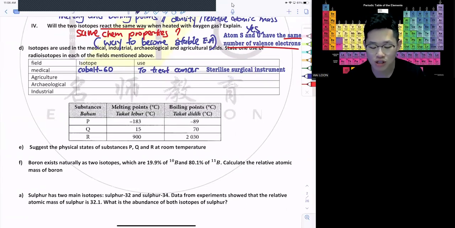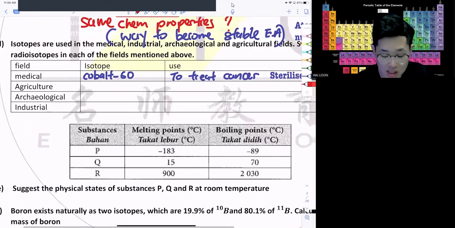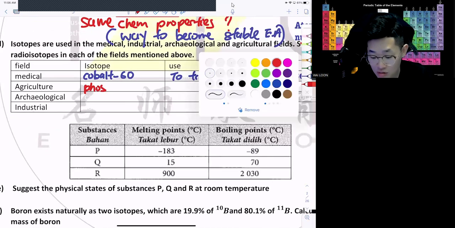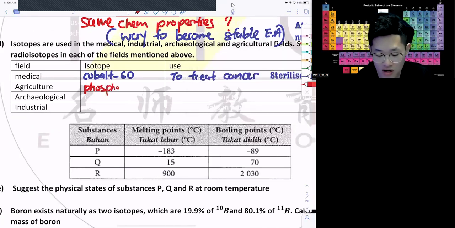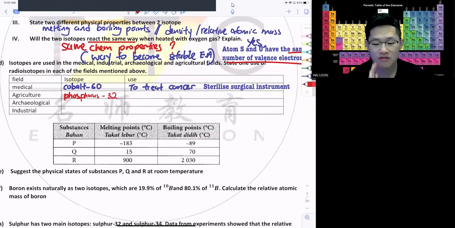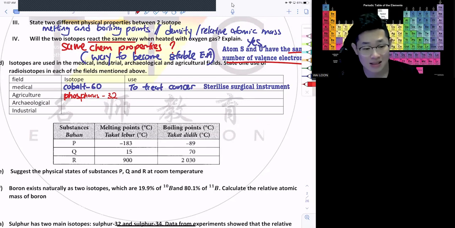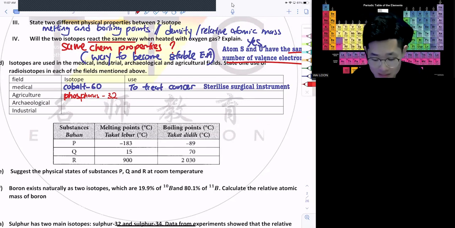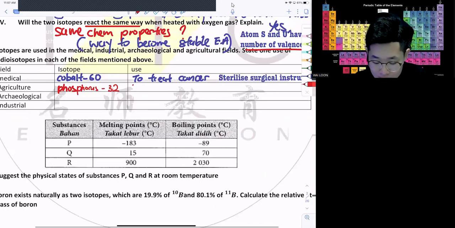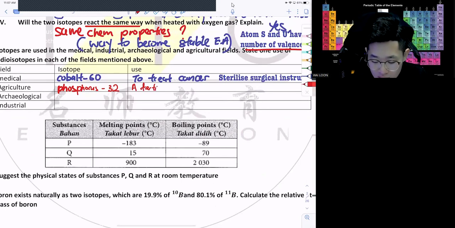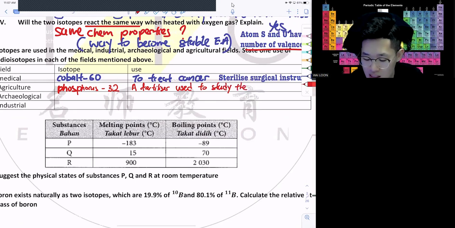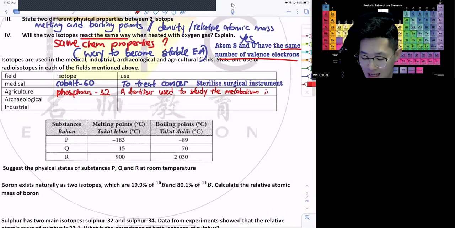So in agriculture we use phosphorus 32. Very good. Phosphorus 32 is actually a fertilizer used to study the metabolism in plants.